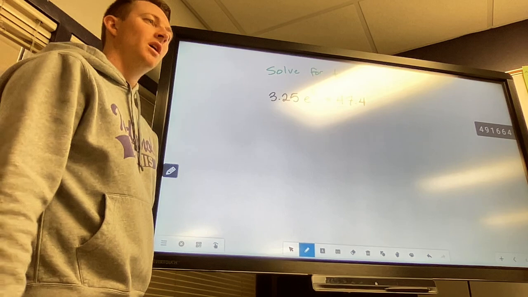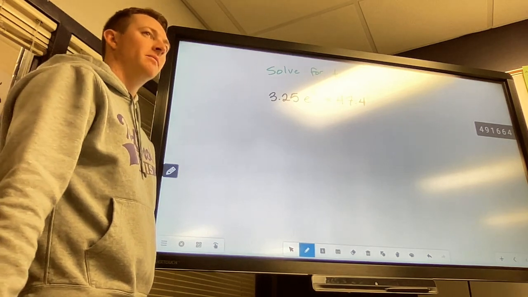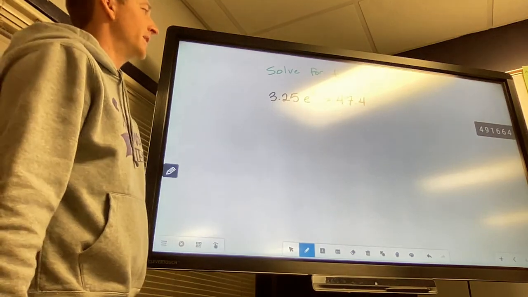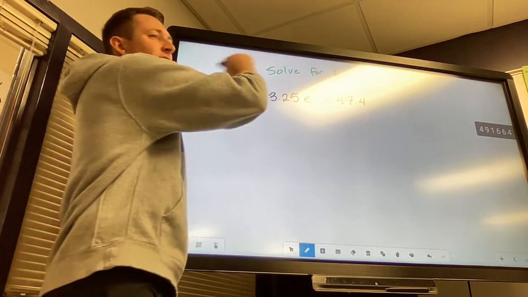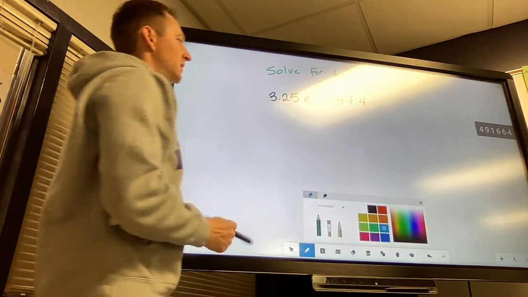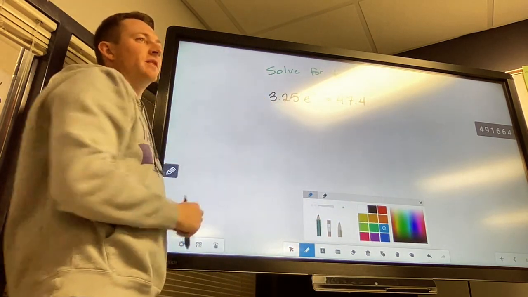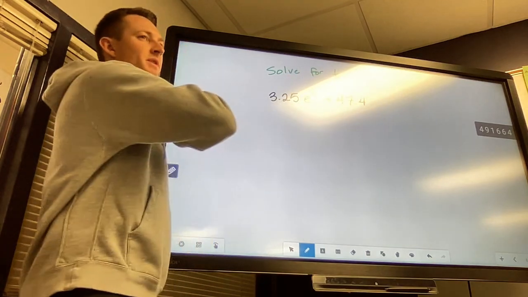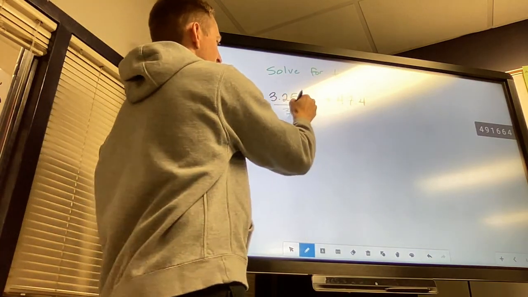So do we see a log or an ln in this problem? Nope, so we're just going to solve it like normal. If we wanted to get that letter t by itself, what's the first thing that we could do? How could we get rid of the 3.25? Yeah, divide, because there's like an imaginary times sign right there. So let's divide by 3.25.